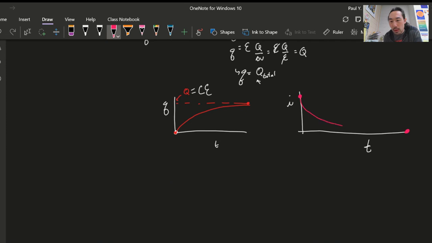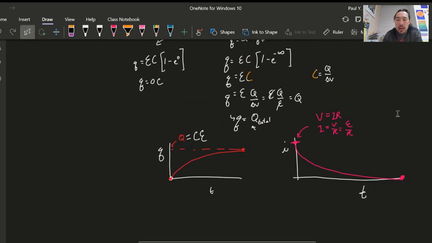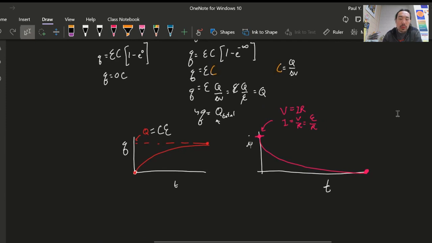So we get a curve that looks like this. And the question is, what is that maximum current? From there, we can just use Ohm's law, where V is equal to IR, so I is equal to V over R, but we've got to use the variables that we know. So the EMF divided by the value of the resistor would be the max amount of current. One of the things you'll be expected to do is create a charge versus time and a current versus time graph based on your scenario.